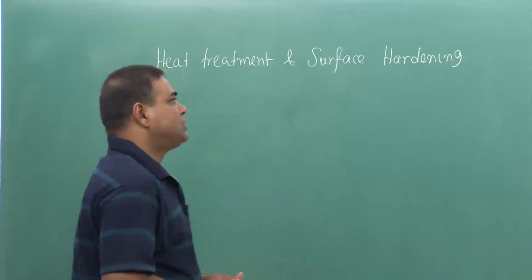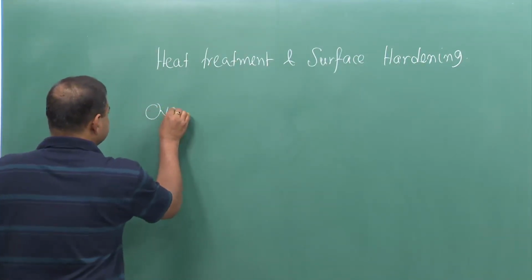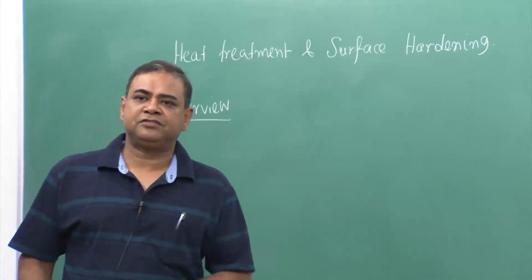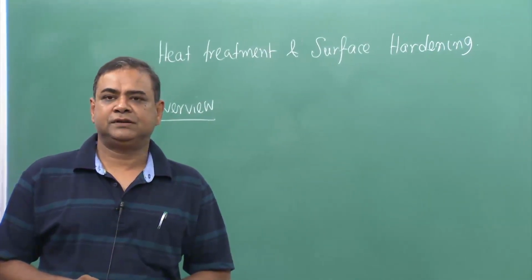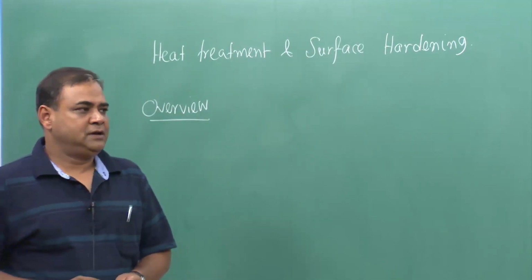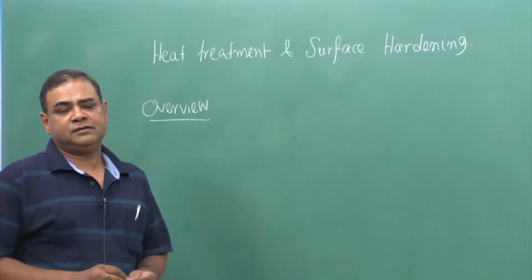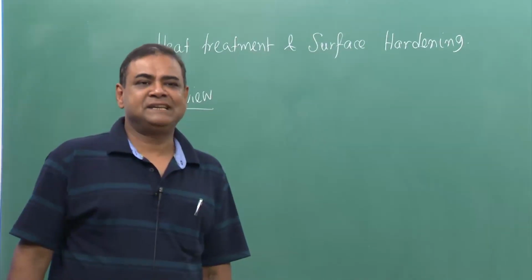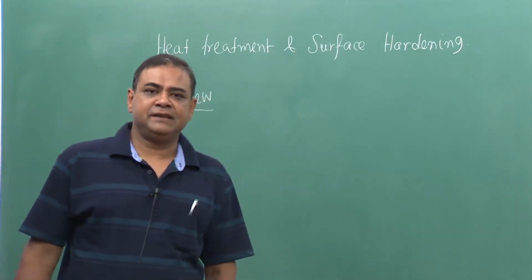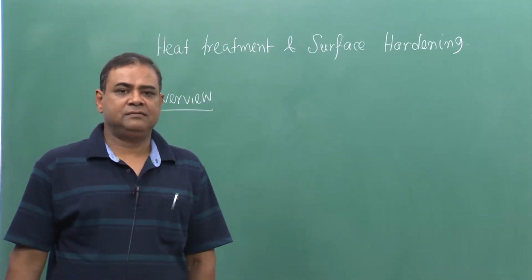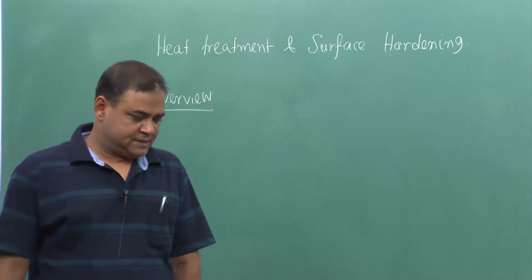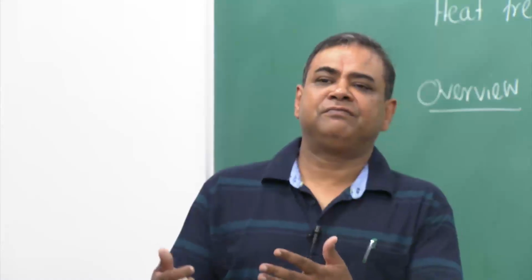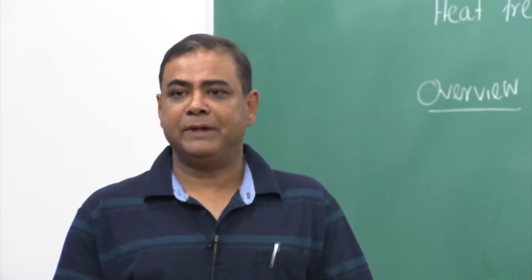Now, coming to the overview of this particular course, the question arises: why should we study this course? In order to answer this why, we would like to take some examples of existing materials and see how we can change its properties as well as structures in order to have some particular functions to be met.